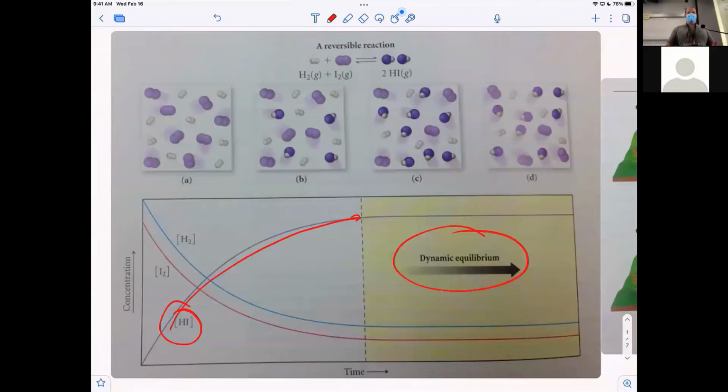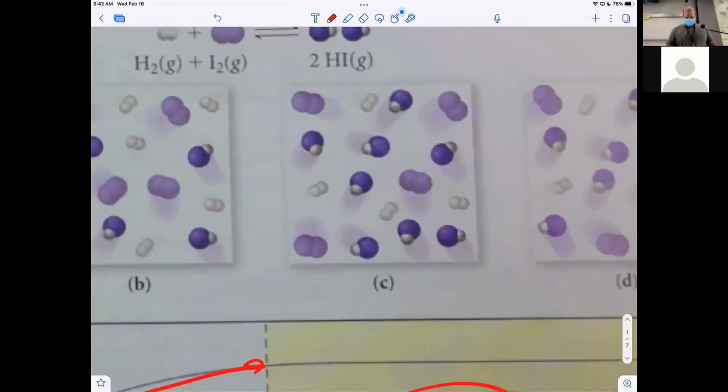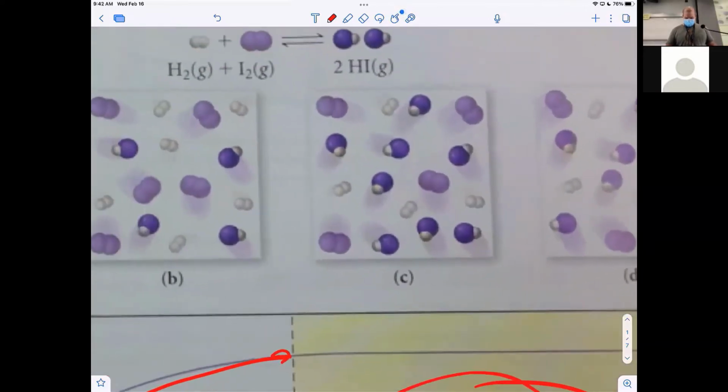So when you're boiling water, inside the bubbles, as the water is boiling, water is both leaving, going to the vapor phase, and it's also condensing. So it's happening both ways. And same thing with a chemical reaction. In this case, hydrogen iodide is reacting to form hydrogen and iodine.